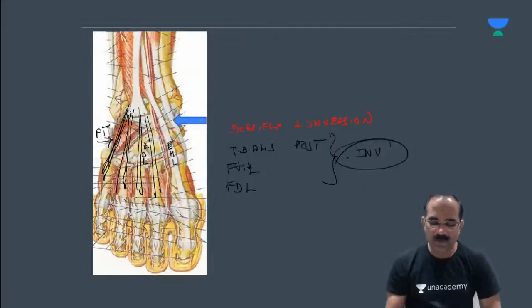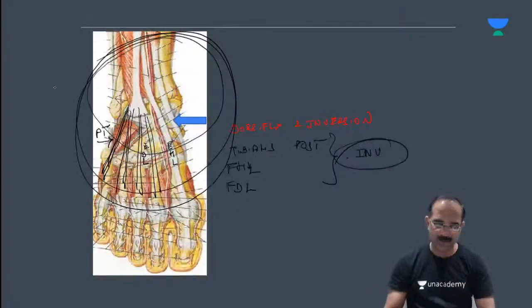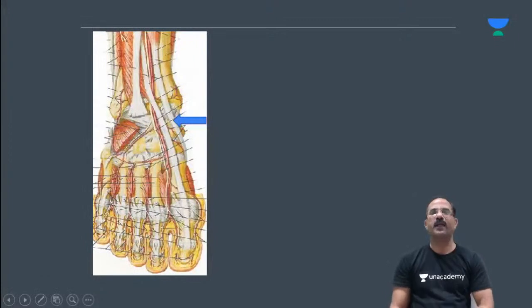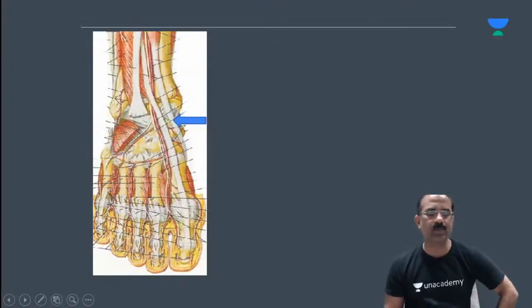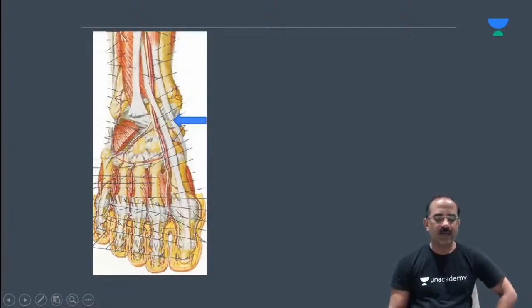Tell me, which is the nerve of the anterior compartment of the leg? Any guesses?